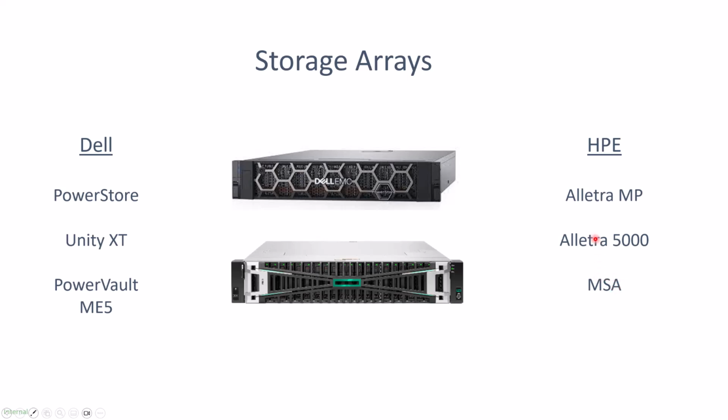But then these, the Unity or Electra 5000 or the PowerStore and Electra MP, really the flagships of HPE and Dell's mid-range storage portfolios, have that data reduction on there. So they cost more, but they're more efficient, they're more powerful, they're going to be able to scale higher. So that is storage arrays.